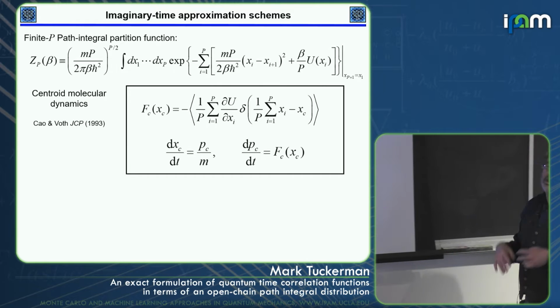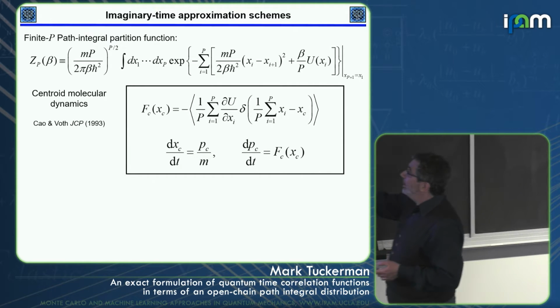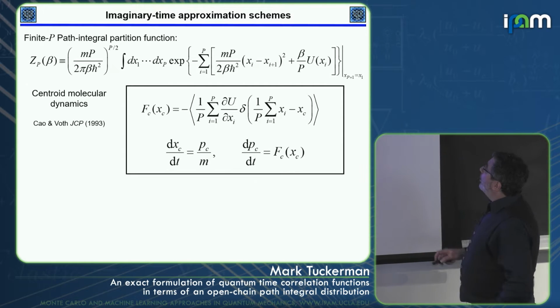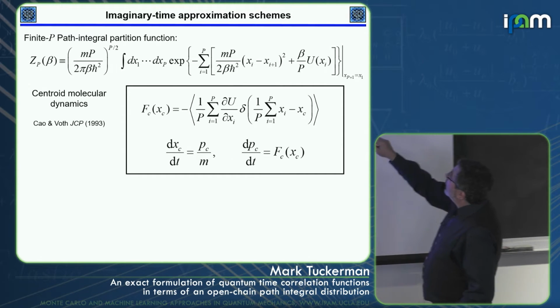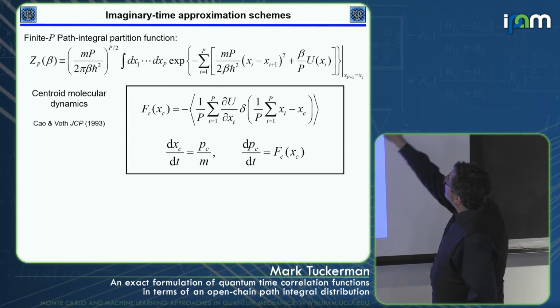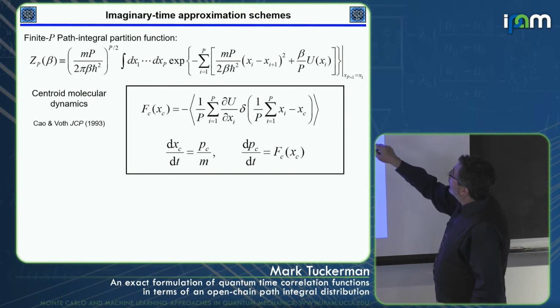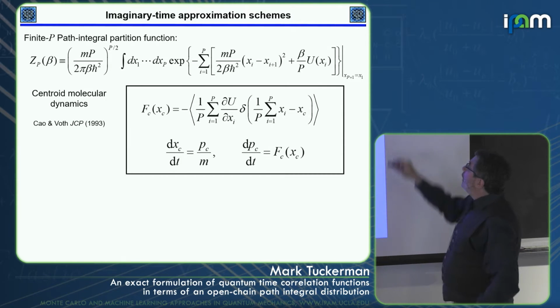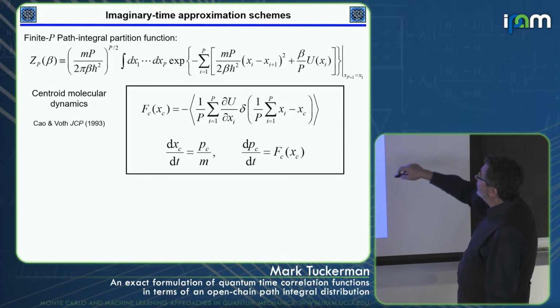One of the common approximations that goes all the way back to 1983 is the so-called centroid molecular dynamics. What you do is take an average over this distribution here of a quantity that's called the centroid. In other words, you take the average of all the points on your ring polymer and set it equal to some value xc.